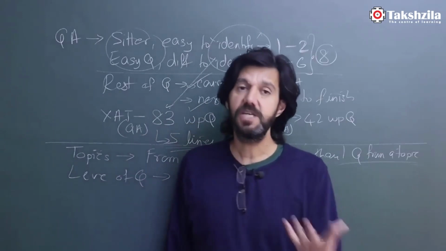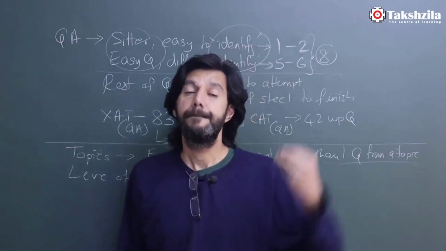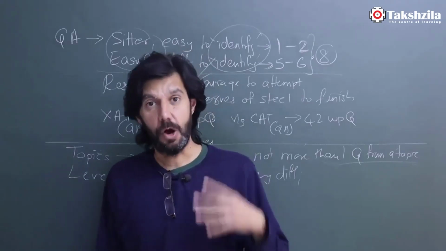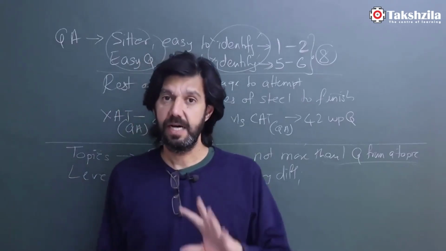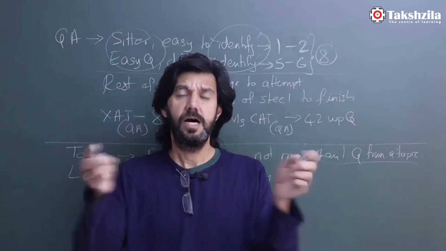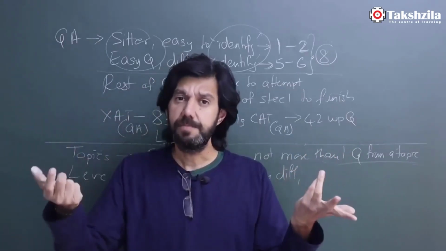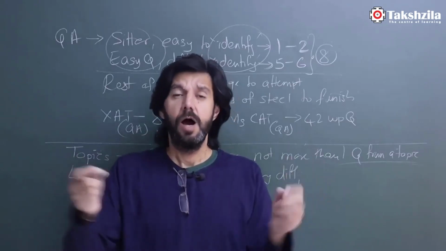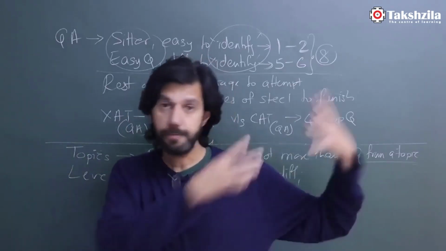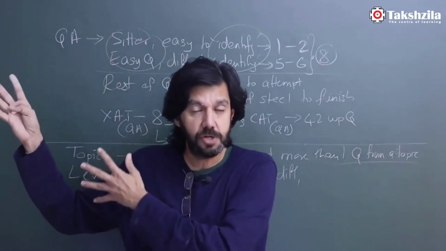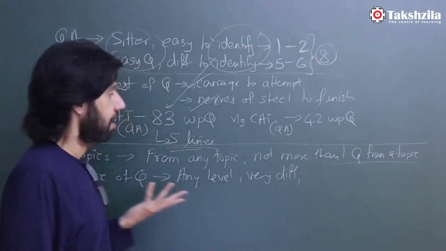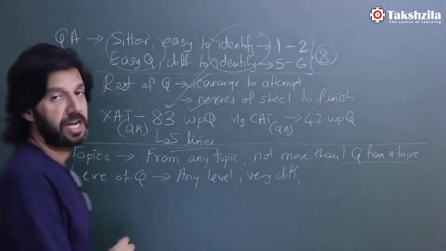I don't want to give XAT questions because I want you to practice XAT mocks on your own. But as an example, some common puzzle, like there's a question which says a stick breaks into 3 pieces randomly. What is the probability that a triangle can be formed from it? So probability linked with geometry theory, anything could happen there. So I don't think you can bank on any of them.